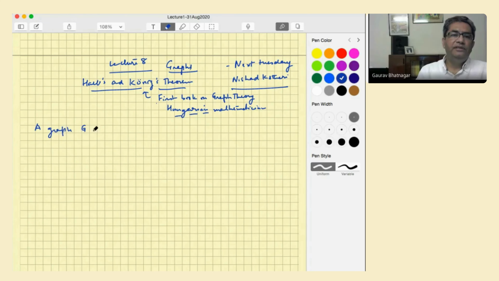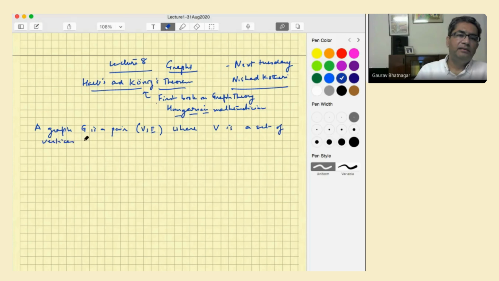A graph G is a pair (V, E) where V is, we are usually considering a finite set, of vertices, and E is a collection of pairs of vertices called edges.